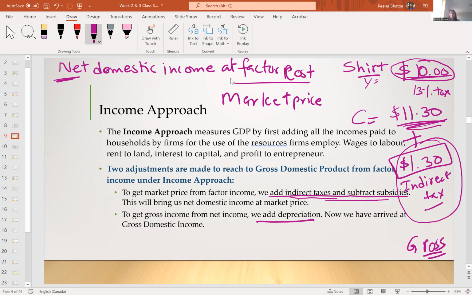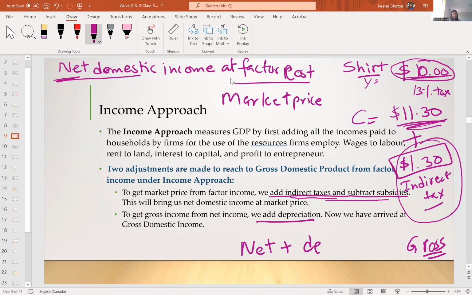It's wear and tear. So what you spend on maintenance, on keeping your machinery working, that kind of thing. So that is depreciation. And that is not included in our net income, right? So to reach from net to gross, we add the depreciation.